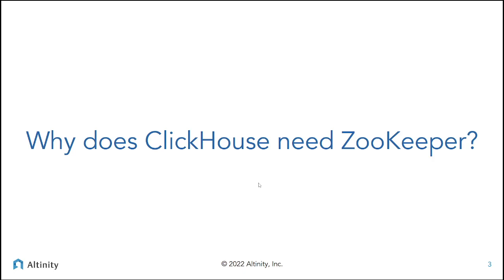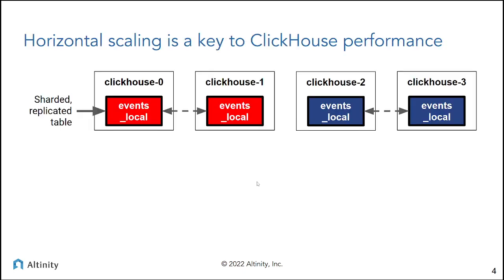In order to answer this question, the best thing that we can do is actually work through an example. I want to start with the notion of horizontal scaling, because this is one of the fundamental ways that ClickHouse delivers outstanding performance in analytic queries.